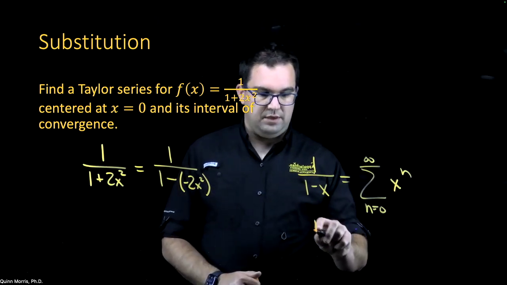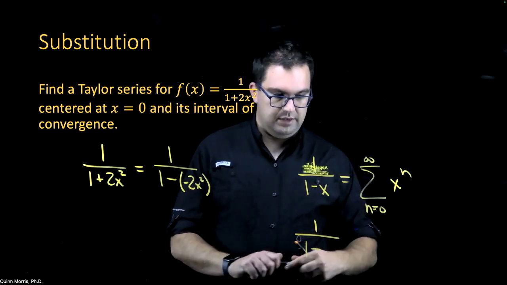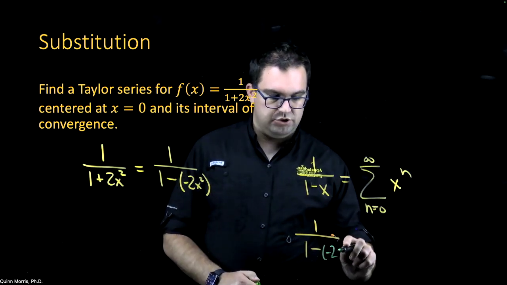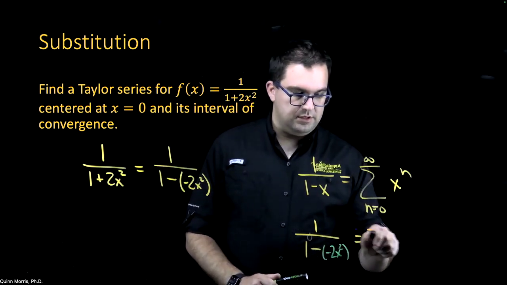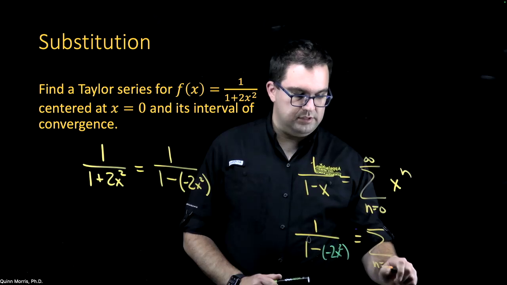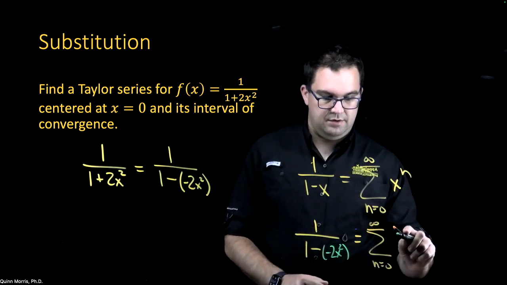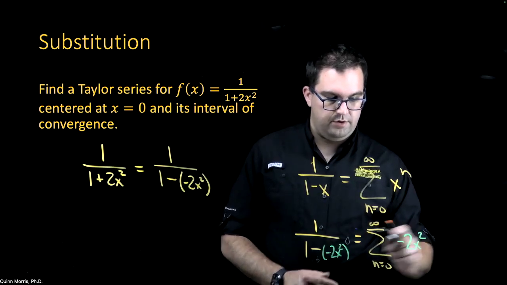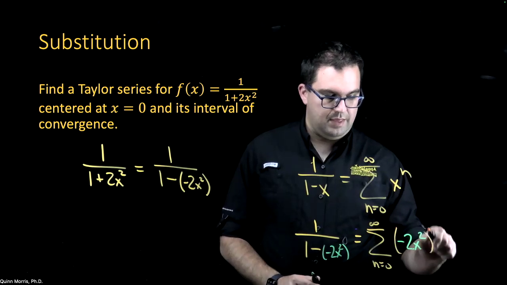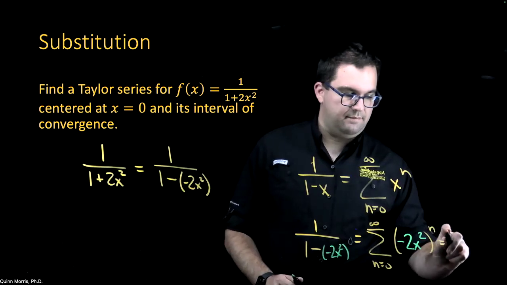So that would give me 1 over 1 minus, and then here I want to substitute in a minus 2x squared. And so that would be equal to the sum n equals 0 to infinity. Now, where I see x, I'm going to substitute in minus 2x squared, and that will be to the nth power. Now, of course, I can simplify this a bit.